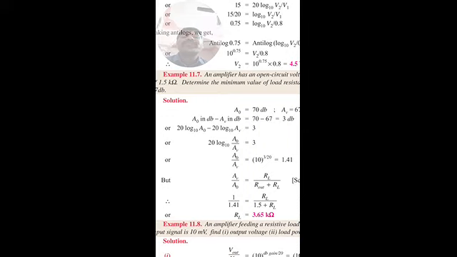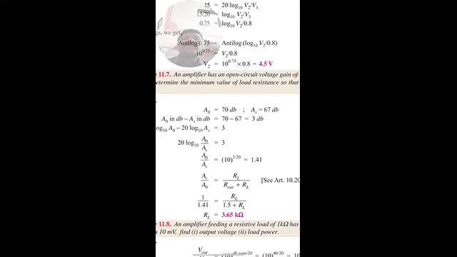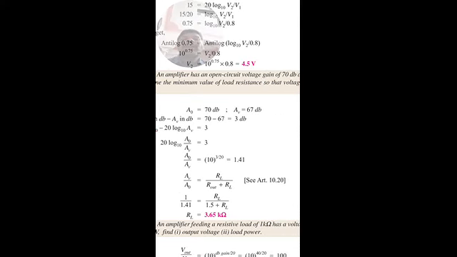A0 by AV is equal to 10 power 3 by 20, that is 1.41. So AV by A0 is equal to RL by Rout plus RL, because the voltage gain is proportional to the load resistance.